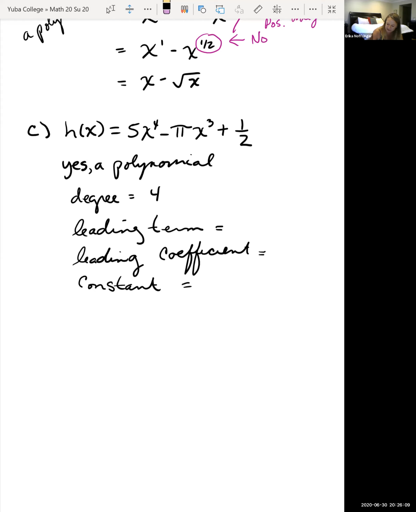All right, so 5x to the 4th. The leading coefficient, right, it's 5, and the constant is, you're on a roll, so 1/2.